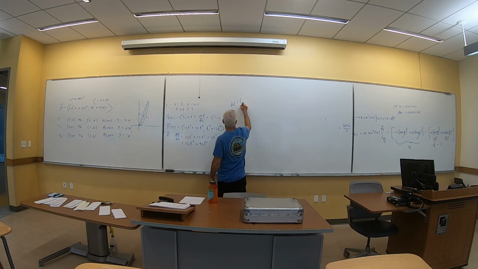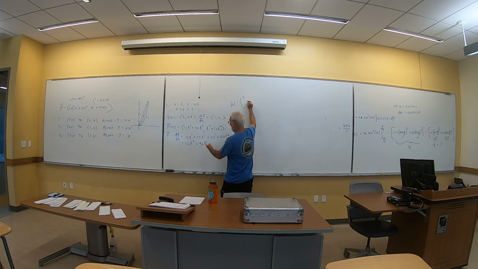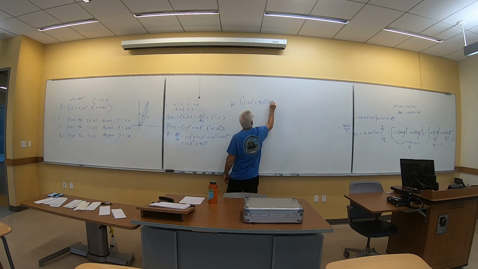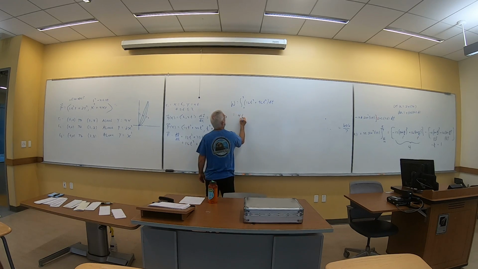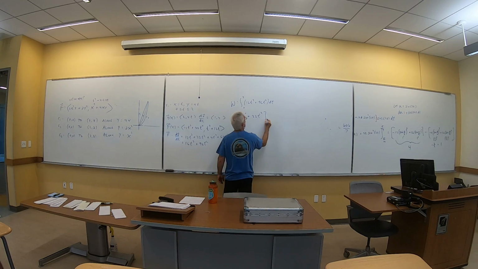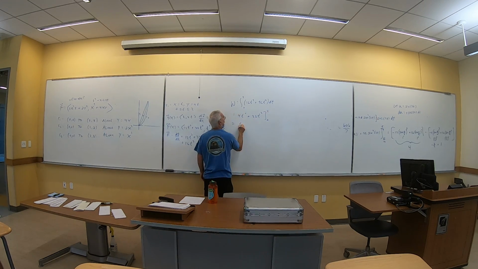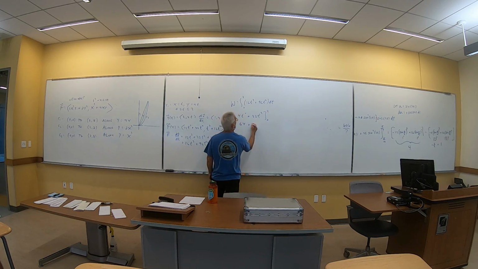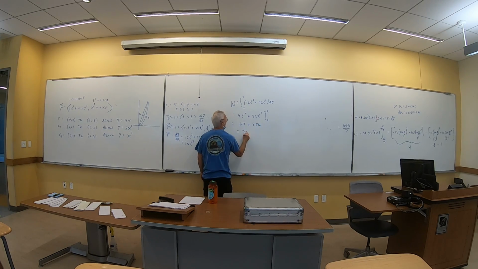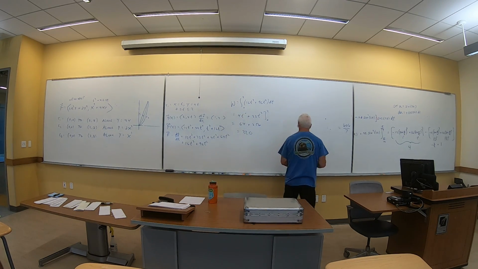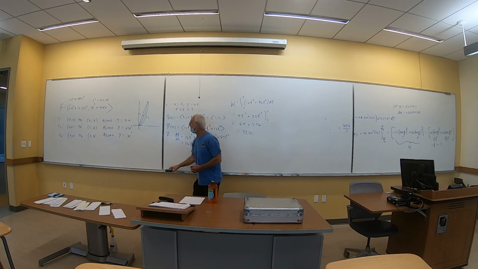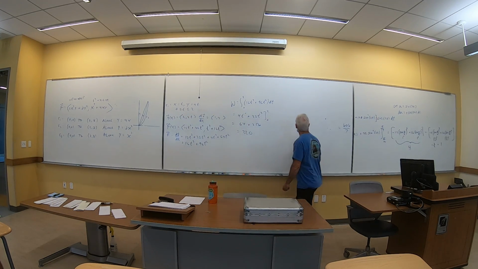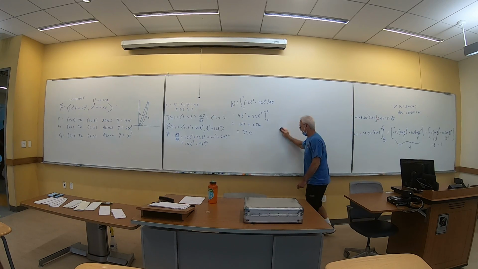So the work done is the integral from 0 to 2 of this. So that's going to be 4t to the 4th plus 32t cubed from 0 to 2, which would be 64 plus 256, or 320. Okay, great. Boy, it came out really nice. Got lucky. Okay? Now, let's do the second one.